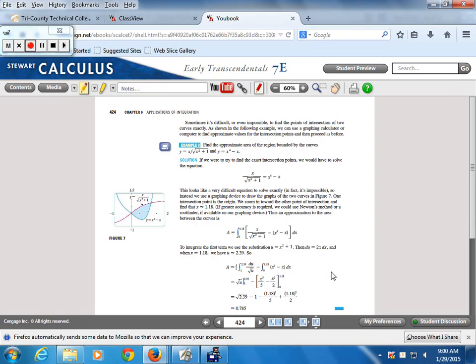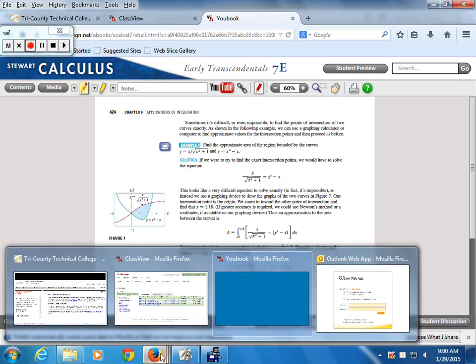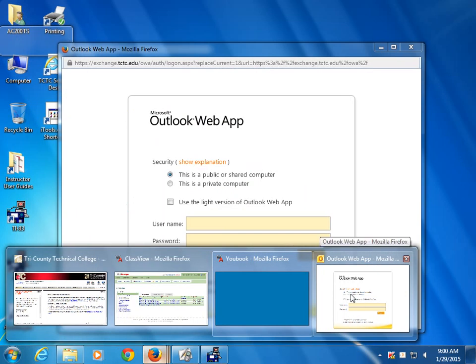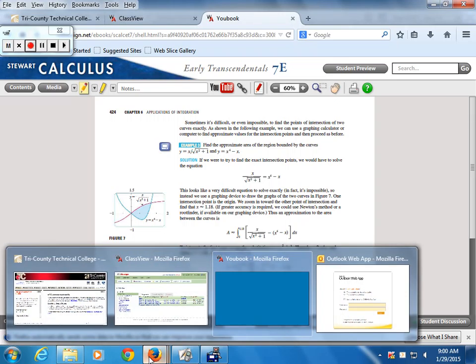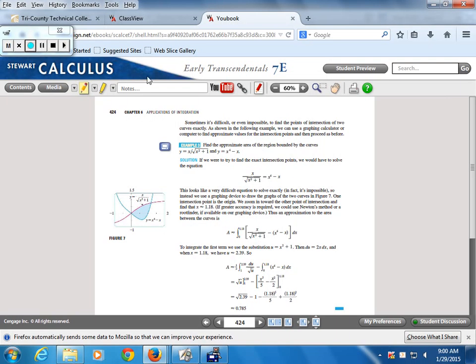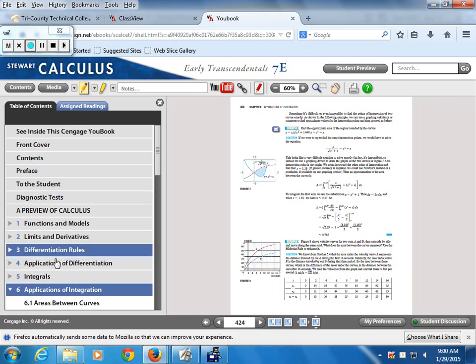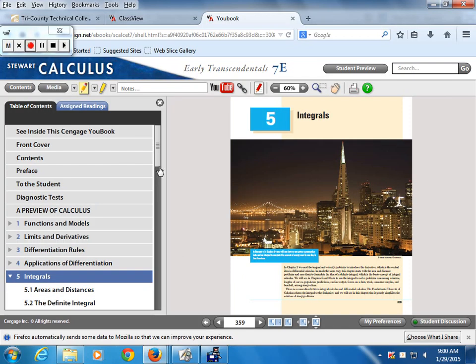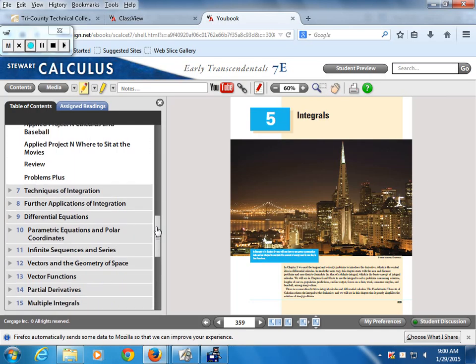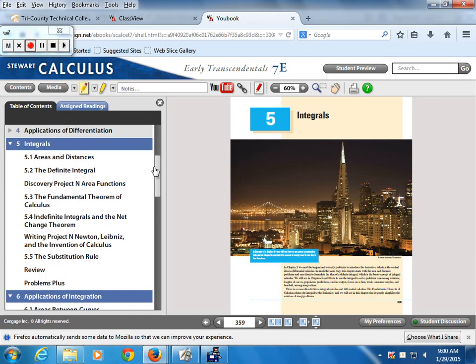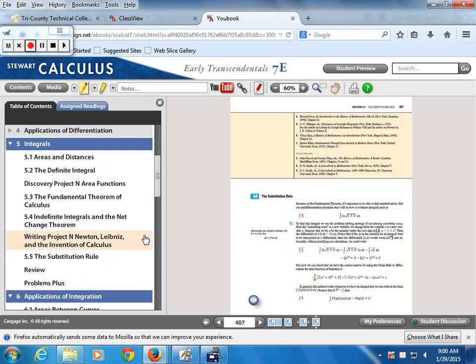Let me pull that up for you while y'all are doing it. Let's see if I can find it. It should be under substitution. What chapter was substitution? Was that the last one we went through? Integrals. Substitution rule.